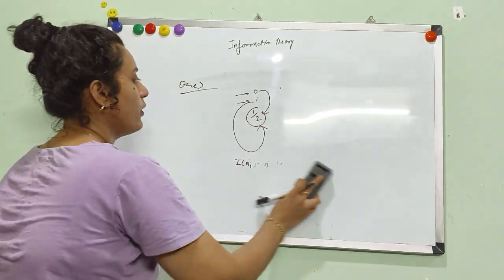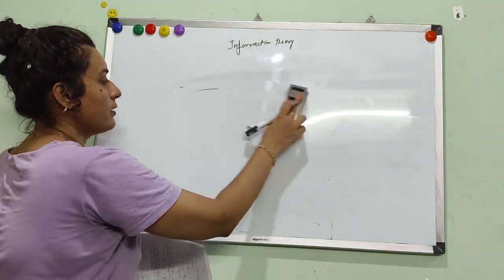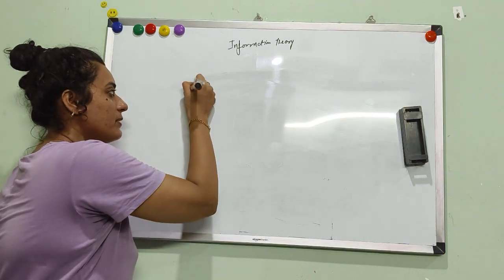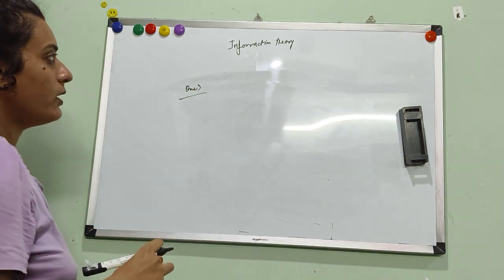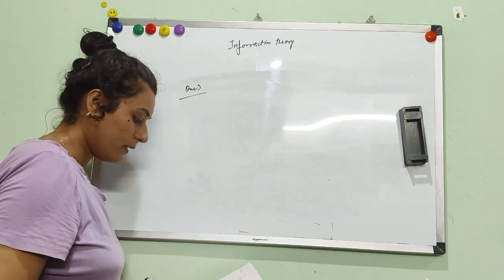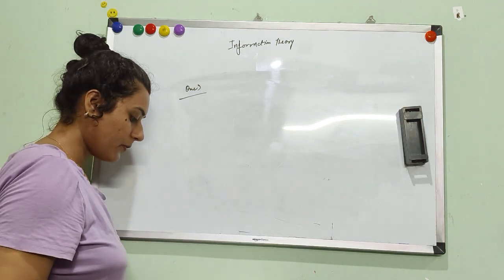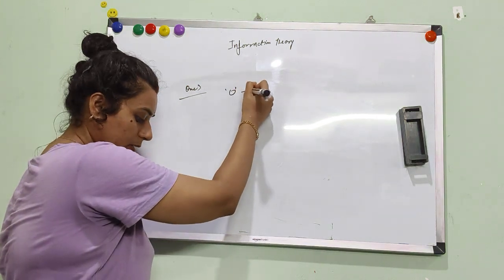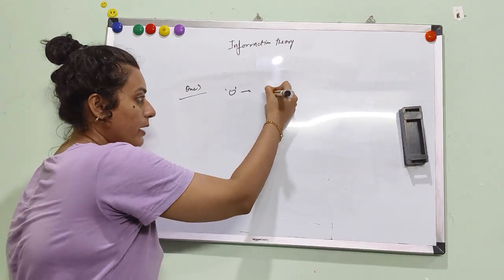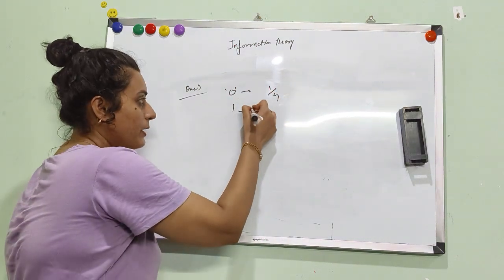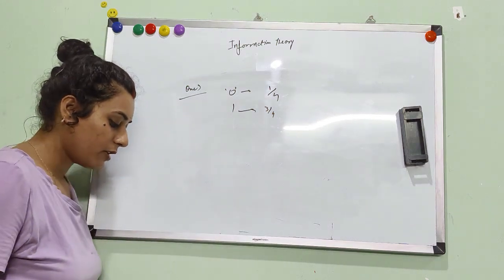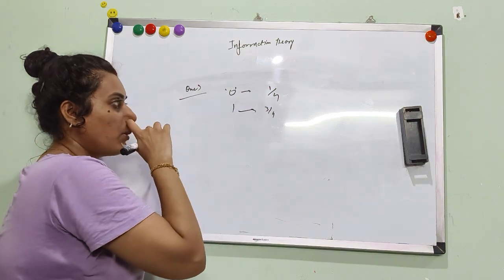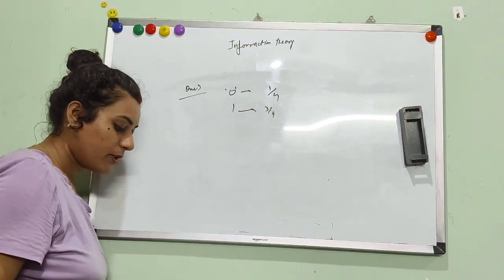Now moving towards the next question. I am taking questions from the very base level so that we can clear all the points in this chapter. If in a binary PCM system 0 occurs with a probability of 1/4 and 1 occurs with a probability of 3/4, then calculate the amount of information carried by each binary digit. 0 is occurring with a probability of 1/4. 1 is occurring with a probability of 3/4.